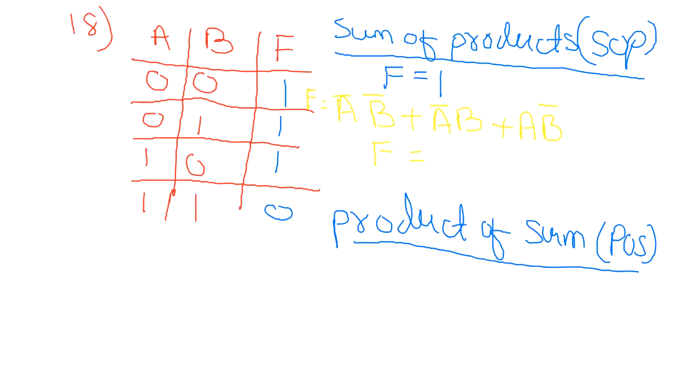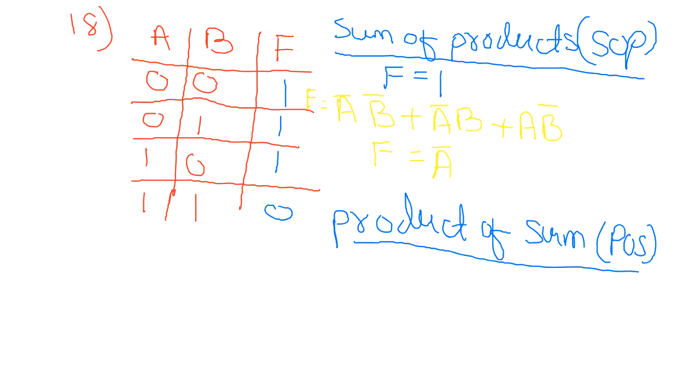How do you do that? You can either take A bar as common between these two terms, or you can take B bar common between these two terms. So I'm taking A bar as common in these two terms.